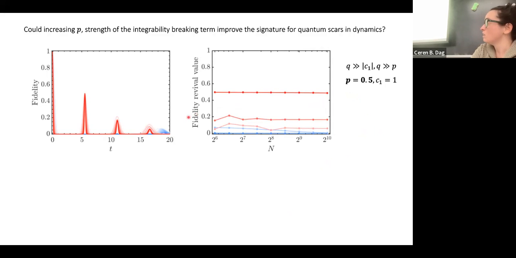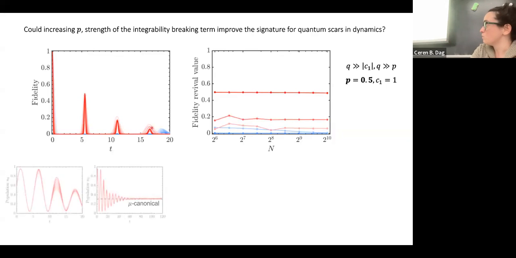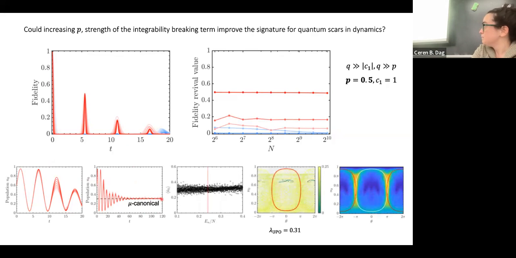Some of the states are scarred, and in accordance with that, we see the first revival amplitude increases to 0.5, and we are also able to get second and third harmonics here, pretty robust as well. The local observable dynamics show oscillations again, but eventually thermalize to the microcanonical ensemble. Hence, these states satisfy ETH. And again, if you look at the phase space, we can see that the unstable periodic orbit is embedded in the middle of a chaotic region, and the Husimi distribution of these states does capture this scarring.